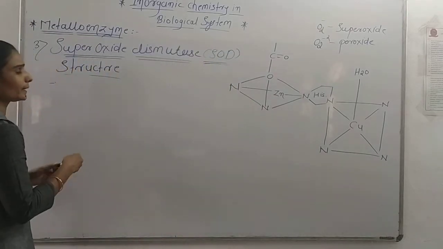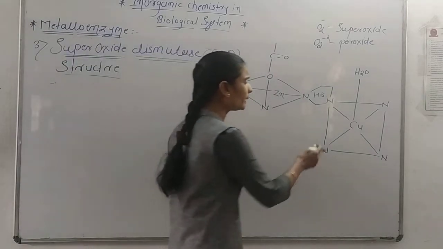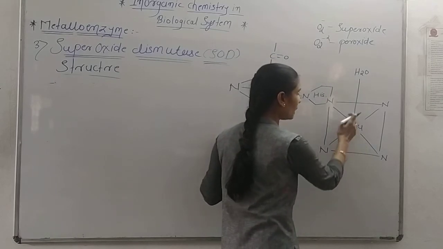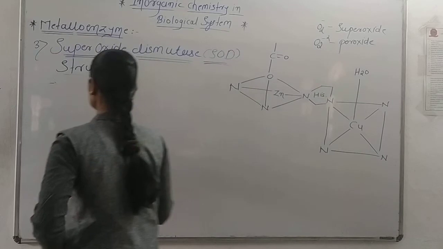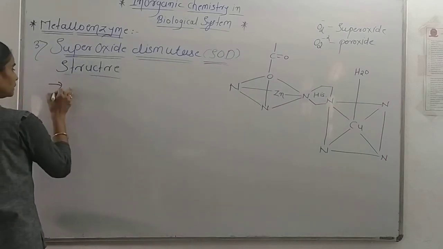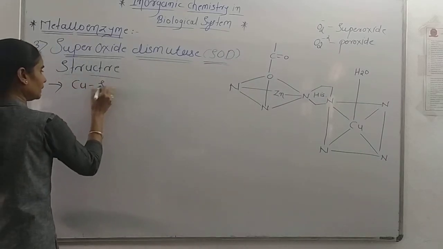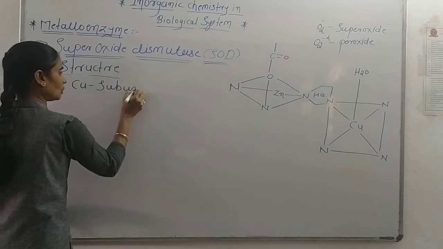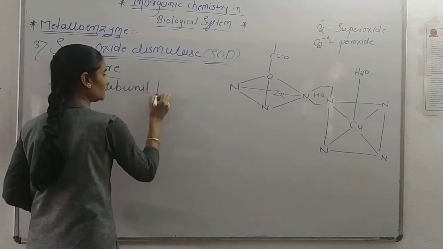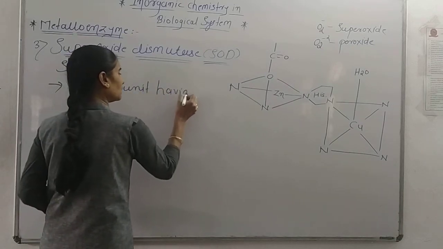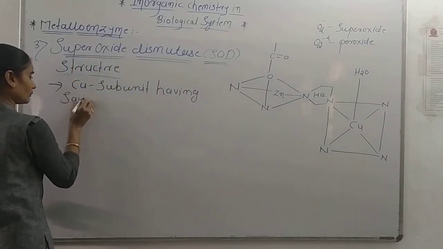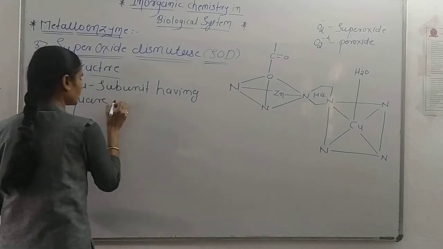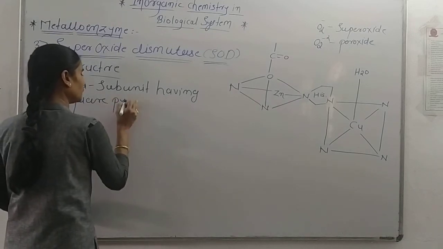Now look at this structure. The copper subunit has a square pyramidal structure.